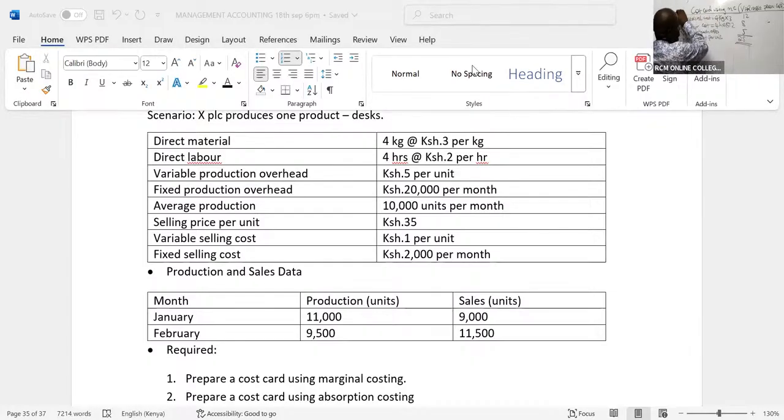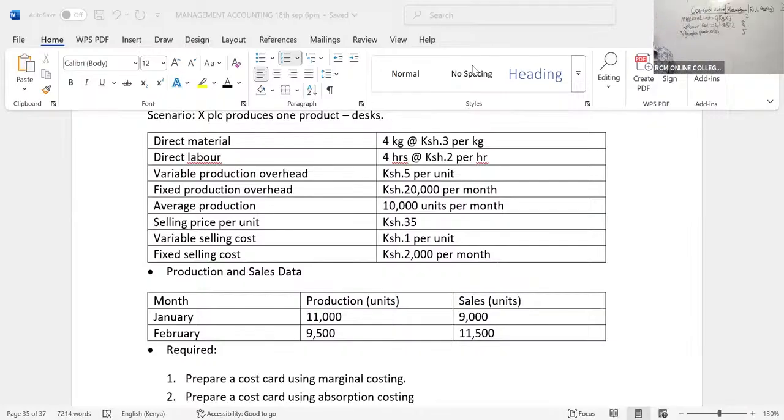So number 2, I'm doing a cost card this time round using what we call absorption. Remember, your examiner at times will use different words. Instead of absorption, your examiner can easily use full costing. Under full costing, we shall consider variable production cost and the fixed production cost.